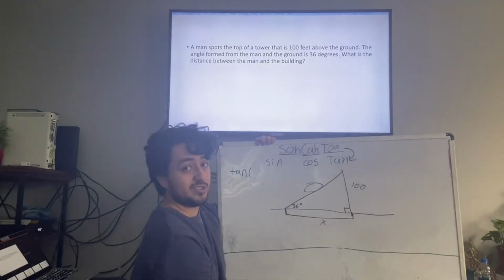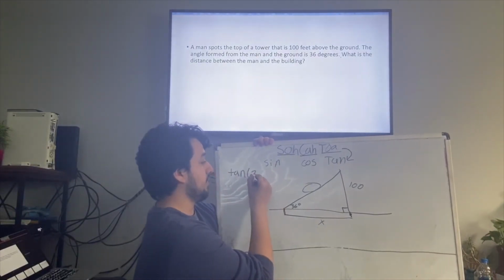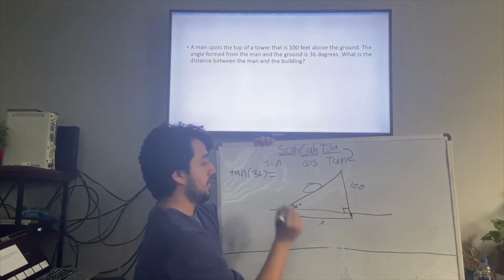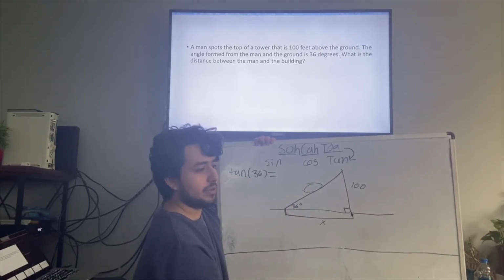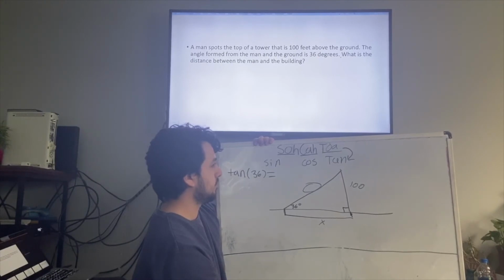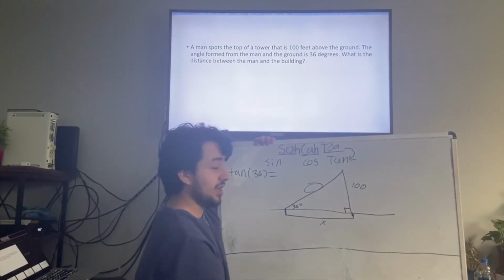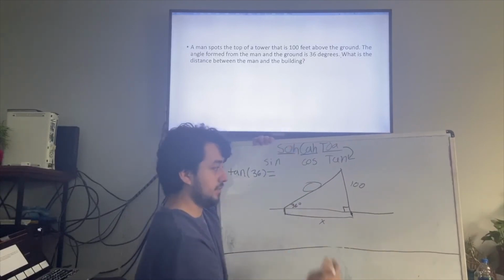What goes in our parentheses? That's right, our angle, as always. Now, what is the ratio going to look like? Our O is before the A, so that means our O is going to be on top.